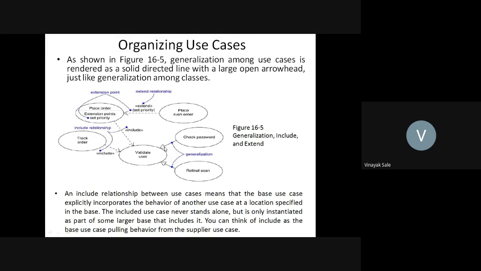This open arrowhead is generalization. Solid lines indicate generalization, whereas these are the include relationships and these are the extend relationships. These are the extension points.